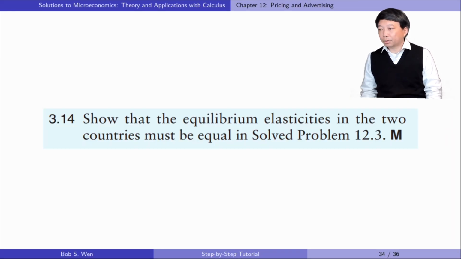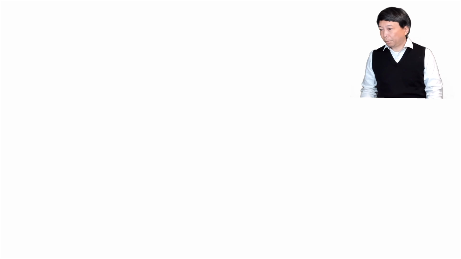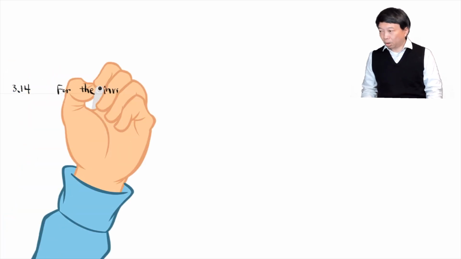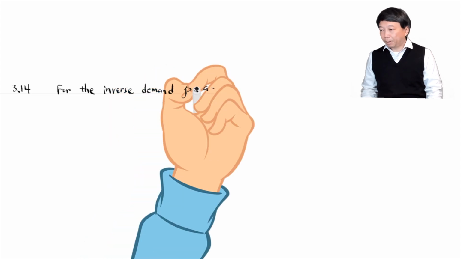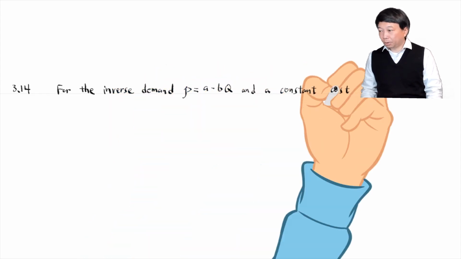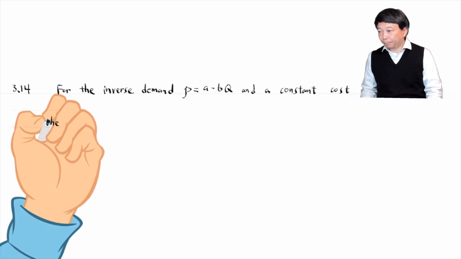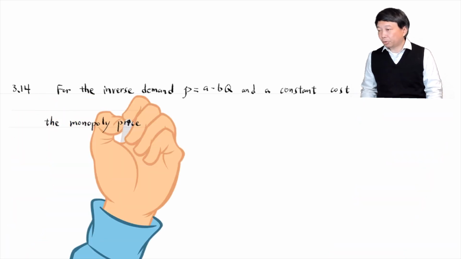Let's find answers to exercise 3.14. Show that the equilibrium elasticities in the two countries must be equal in solved problem 12.3. From the linear inverse demand function and a constant marginal cost, the monopoly charges the same price in the two countries because the parameter A is the same in the two inverse demand functions.